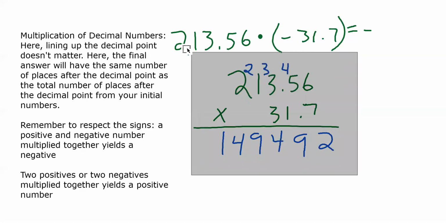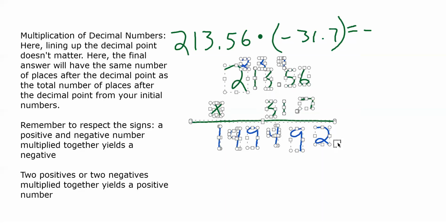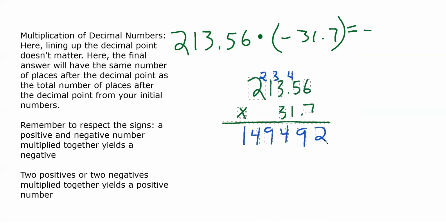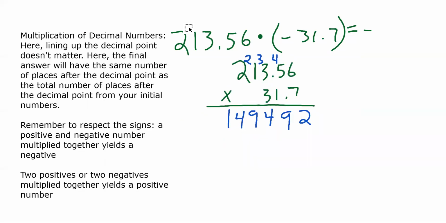Yeah, we're going to need a little more space. That'll work. All right, so we've done the multiplication with the 7. I'm going to clear off all these top numbers.